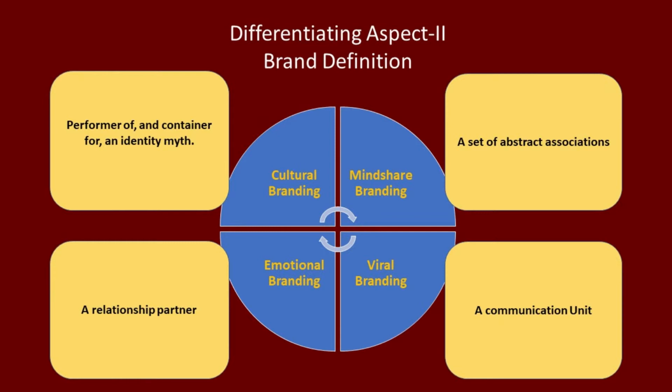Whereas when the marketing activities are based on the mindshare branding model, the brand is defined as a set of abstract associations. The brand is defined as a relationship partner when the marketing activities are based on the emotional branding model. And finally, when the marketing activities are based on the viral branding model, the brand is defined as a communication unit.